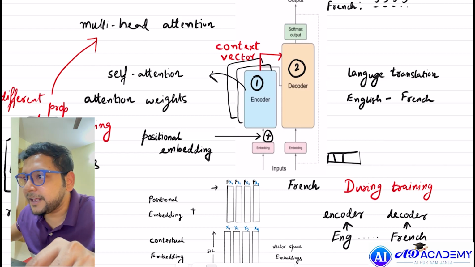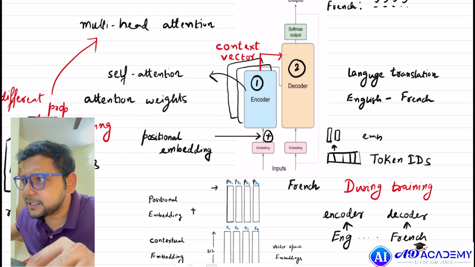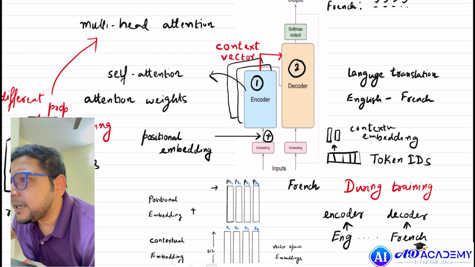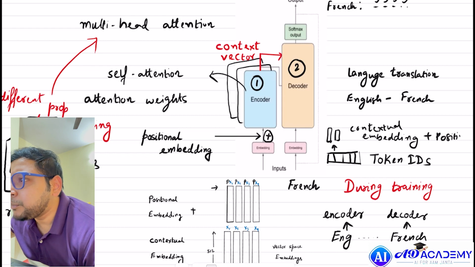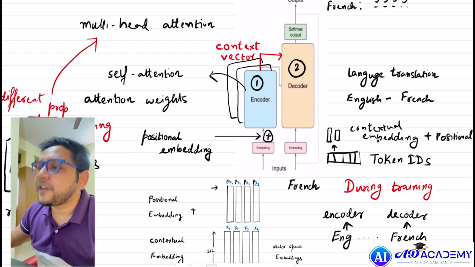Similarly, the French sentences first of all have been converted into different kinds of numbers, known as the token IDs. And then these token IDs are being converted into different kinds of vector spaces, which is known as embeddings. This is contextual embedding, and we have also added positional embeddings to those contextual embeddings of those French vectors.